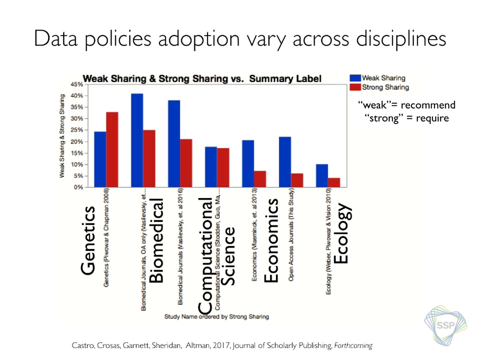In general, the biomedical community has been at the front of providing both weak and strong data policies in their journals for data sharing. When I say weak, I just mean that the policy says we recommend that you share your data. When I say strong, it means the journal requires that you make your data available.